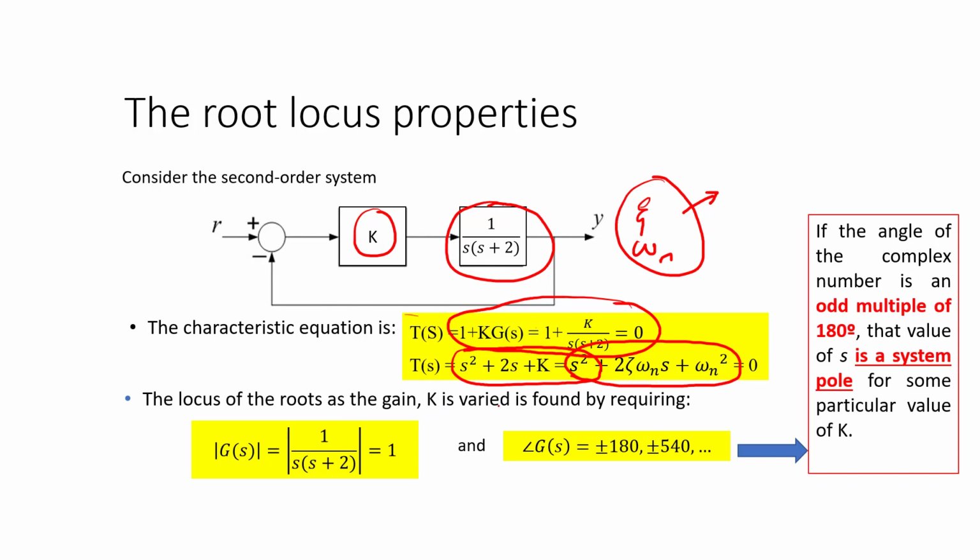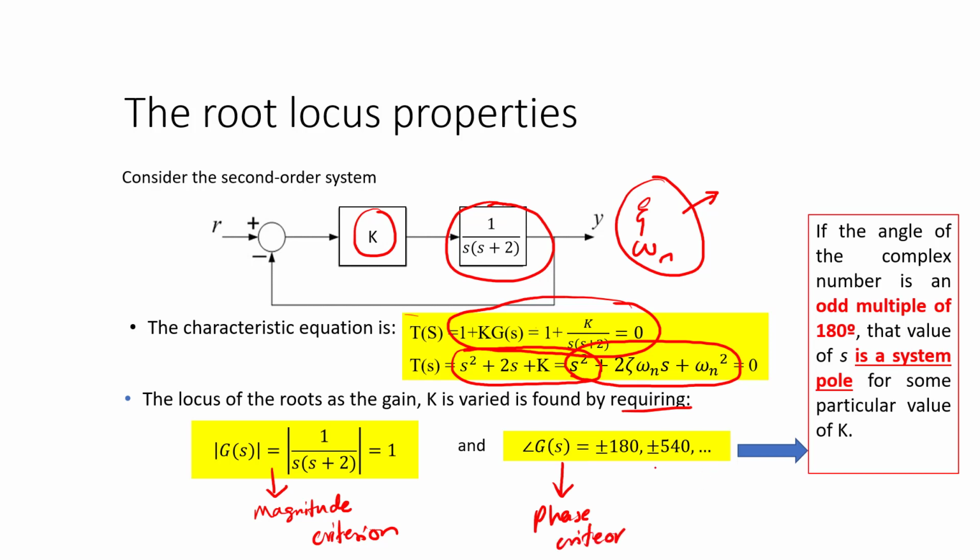Before that, for the root locus, as the gain k is varied, we can find it by requiring these two equations. This is the magnitude criterion, and this one is the phase criterion.